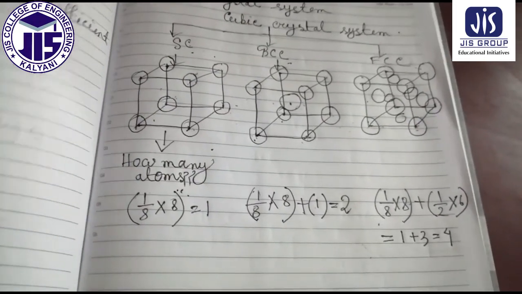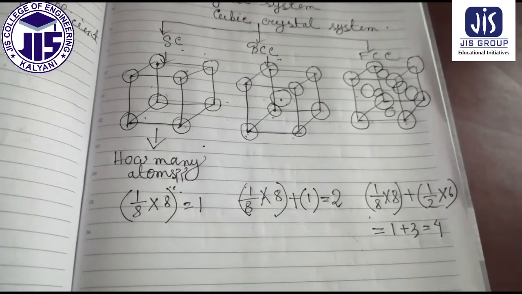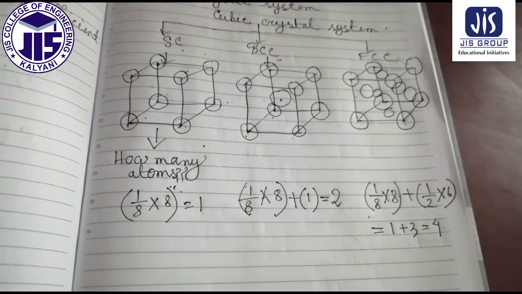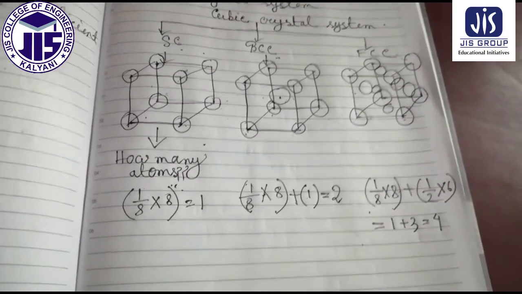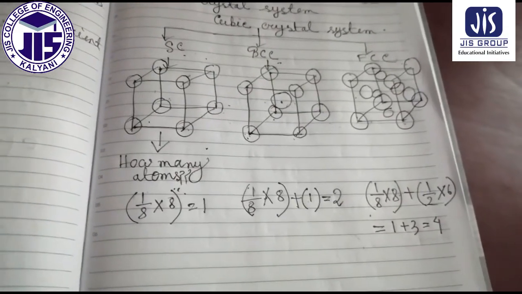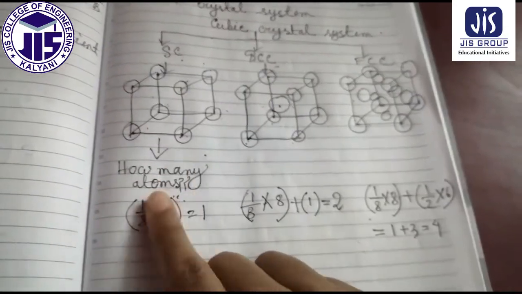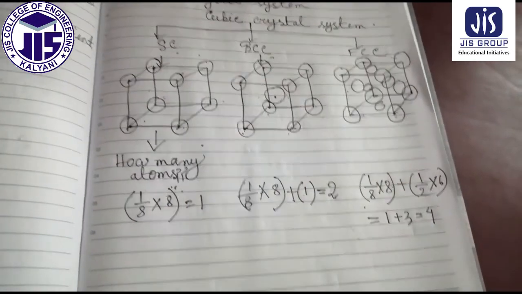For BCC, the answer will not be 9 but it will be 2. And for FCC, the answer will be 4. And also you have to draw these figures. Okay. So this is the answer of how many atoms are there.